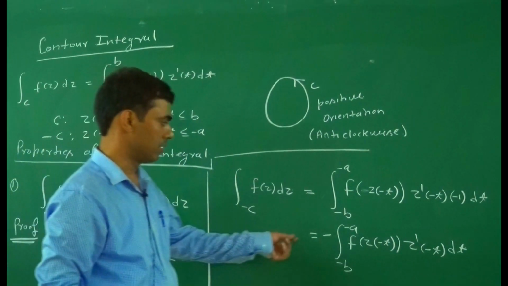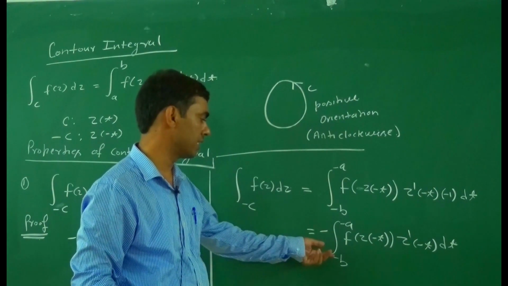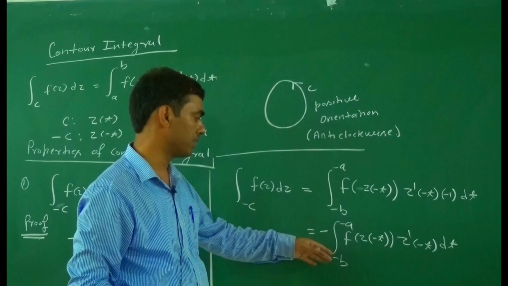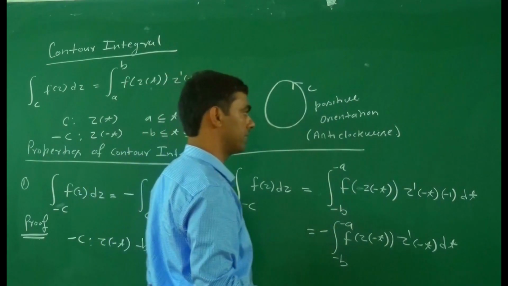Now this is a negative sign, and here we use the property of a definite integral. If we multiply by minus 1, the lower limit becomes the upper limit and the upper limit becomes the lower limit.